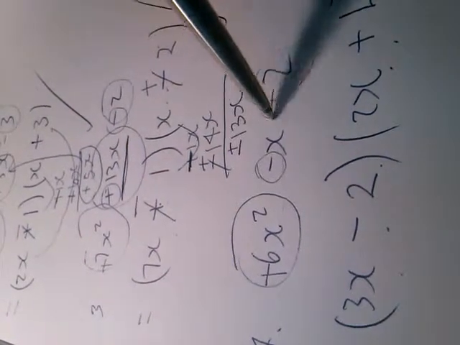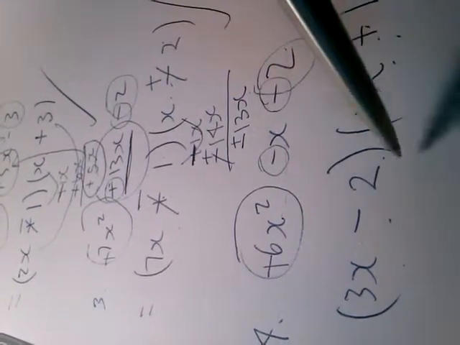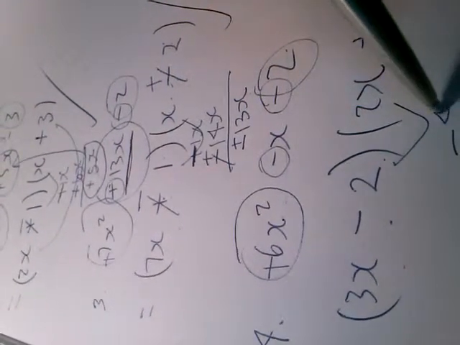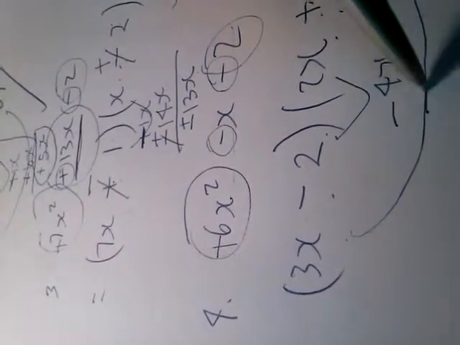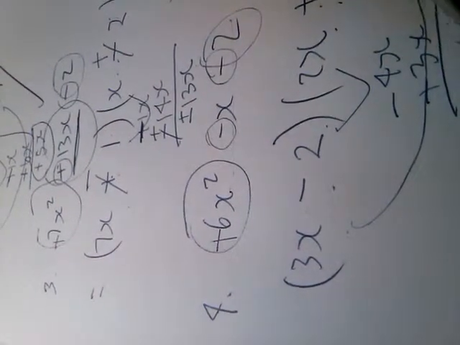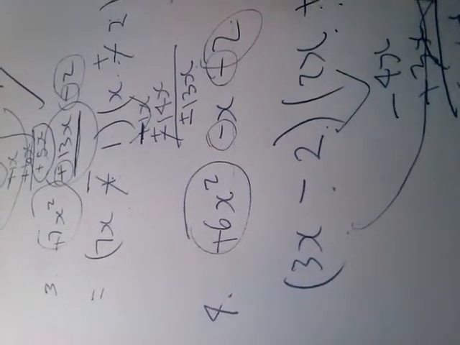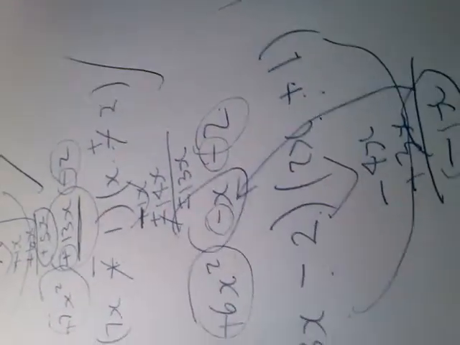This minus times this minus will give me a plus. Now when I multiply these two, I get minus 4x. When I multiply these two, I get positive 3x. As a result, I get minus 1x, which is the middle term. Therefore, my factorization is correct.